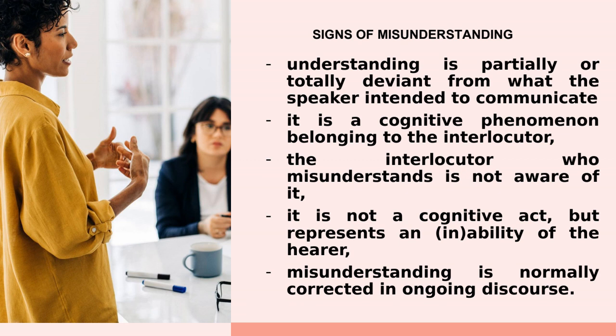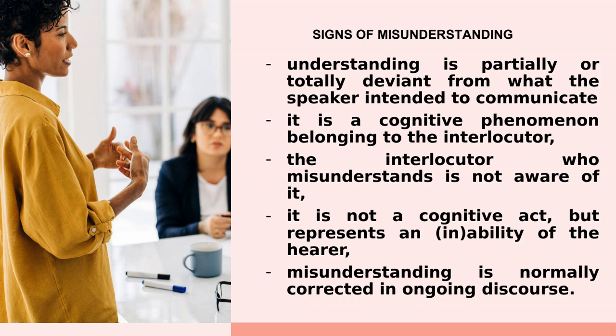So we often say that misunderstanding is not a cognitive act. It does not happen when you actually think, oh, now I need to misunderstand this information, right? You don't think like that, unless of course there is some evil intention. Rather, it is just a momentary situational inability of the hearer to get the signal as it was intended by the sender.